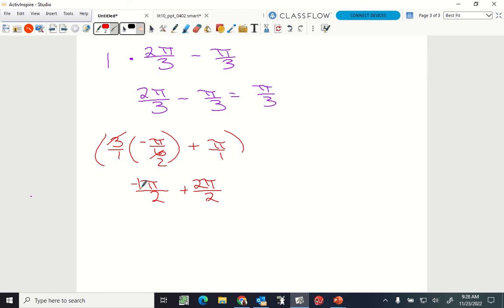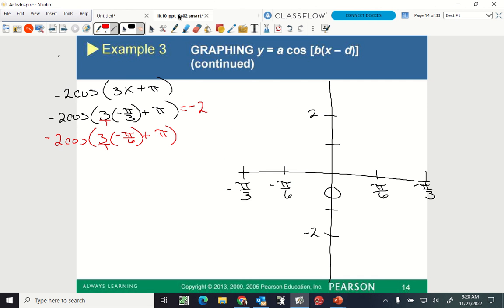That's going to give me just 1 pi, so it's 1 pi over 2. So I have positive pi over 2 there. So now we're at pi over 2 on the inside, right?